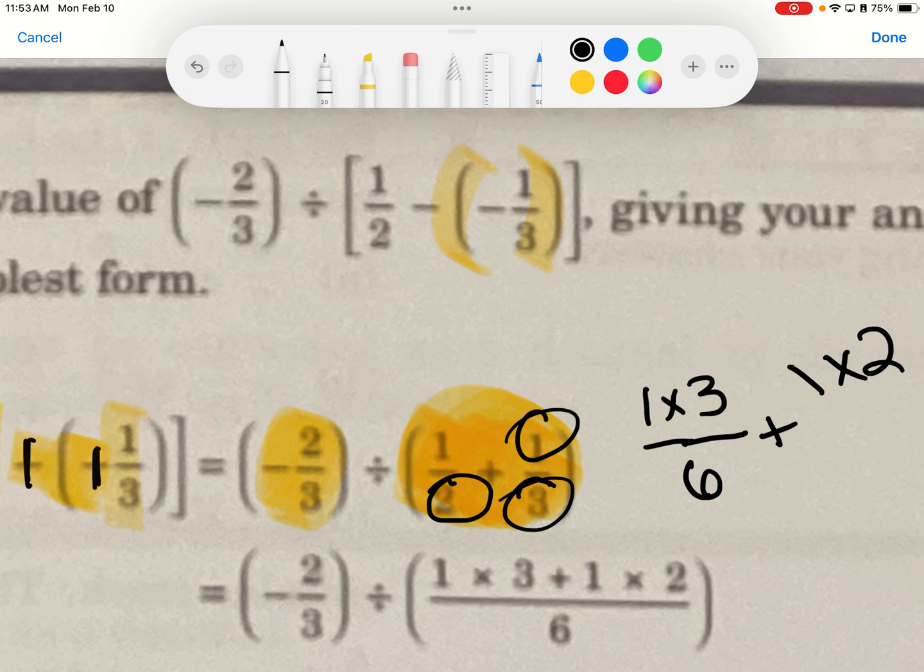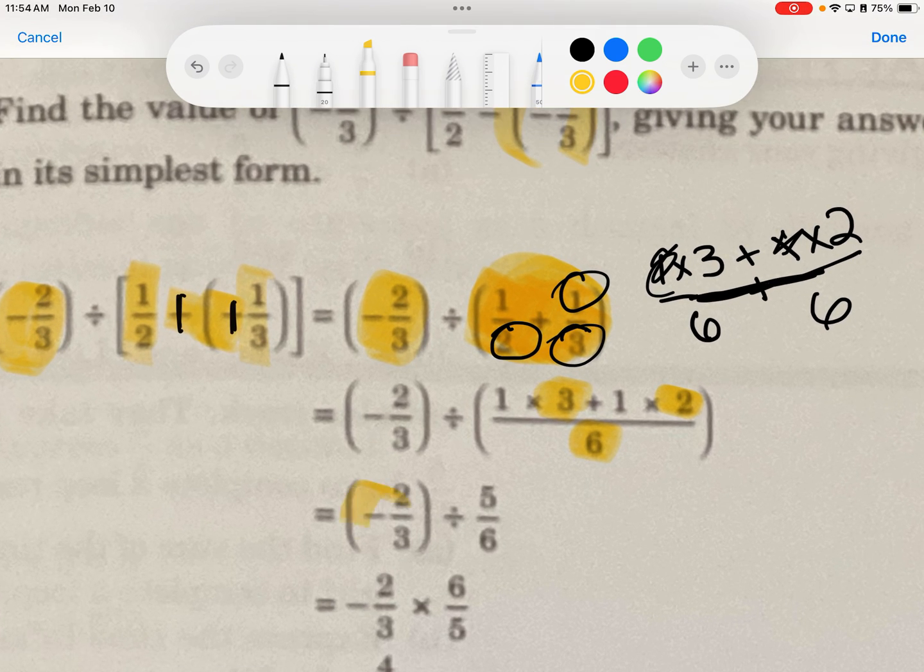So then we can just get rid of the denominator and add that. So we end up with 3 plus 2 over 6, 5/6. So we end up with negative 2/3 divided by 5/6.